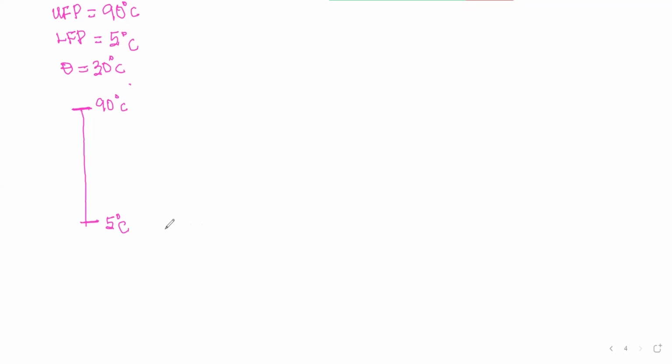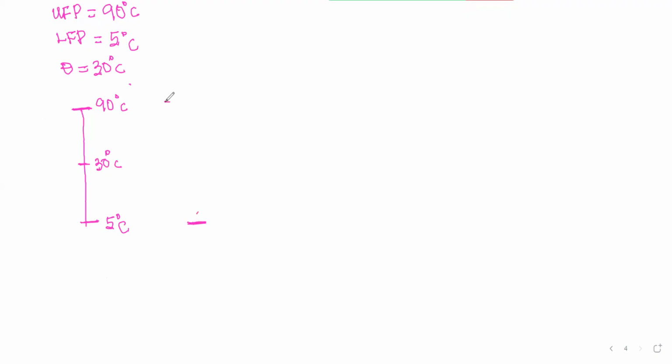And we are told that at 30 degrees Celsius, what will be the length of the mercury above the upper fixed point?